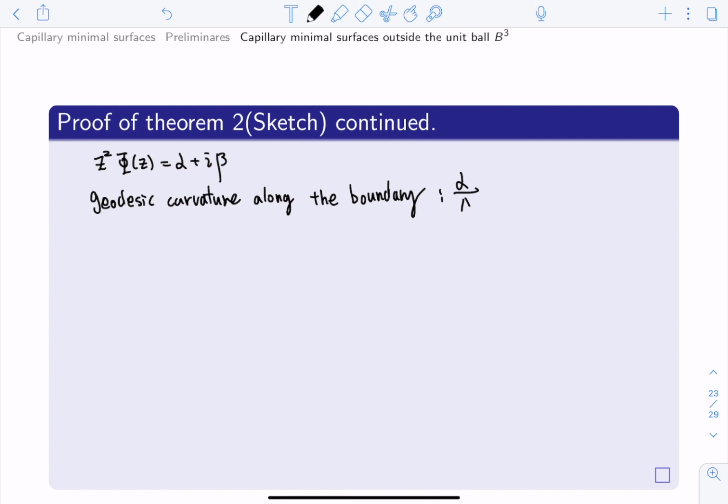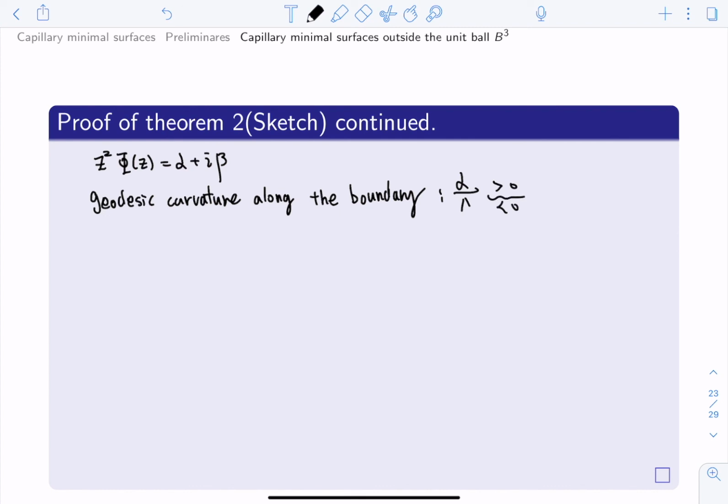Then we now know that there's no boundary umbilic point. It means that alpha never changes sign along the boundary. So it must be positive or negative along the boundary. So without loss of generality, we just assume that this is positive.